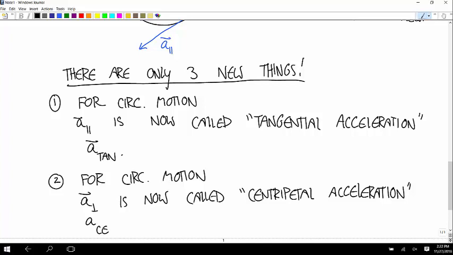I'm going to denote that ACen. Okay, why'd they give it that ridiculous name? Well, centripetal means toward the center.